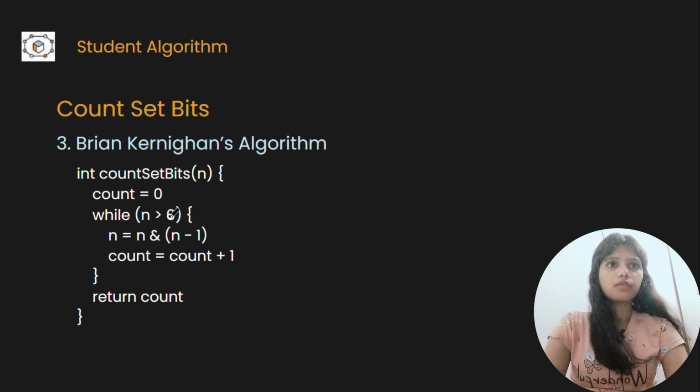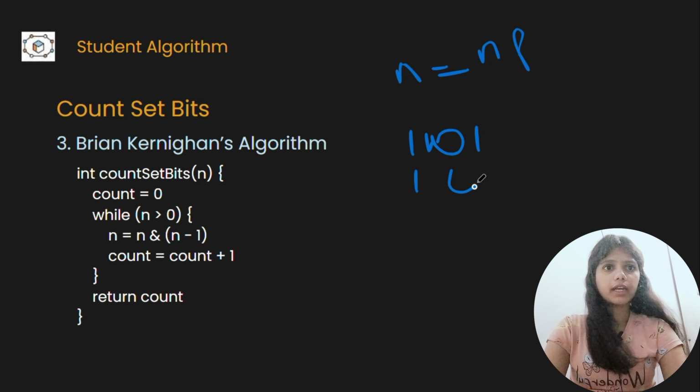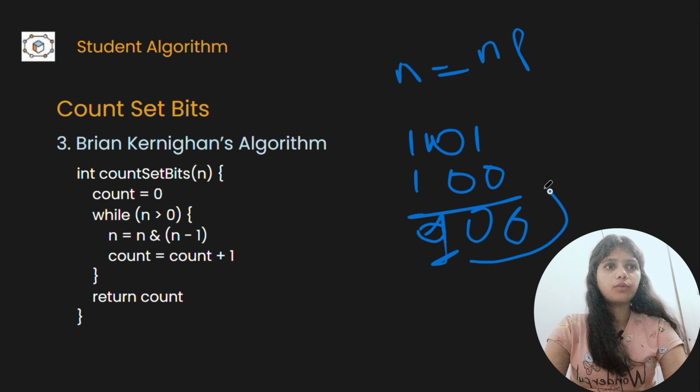If we perform the AND operation over here, what will we get? We'll get 100. And then we need to increment the count. I'll tell you why we are supposed to do that.